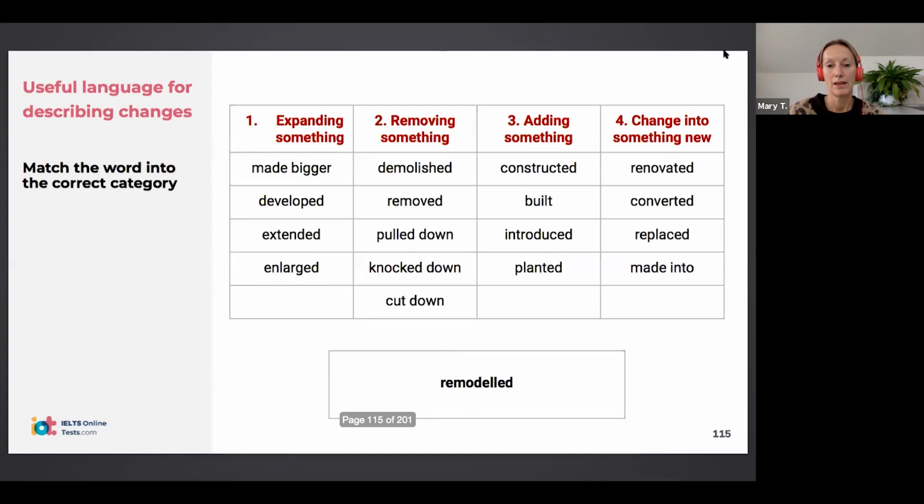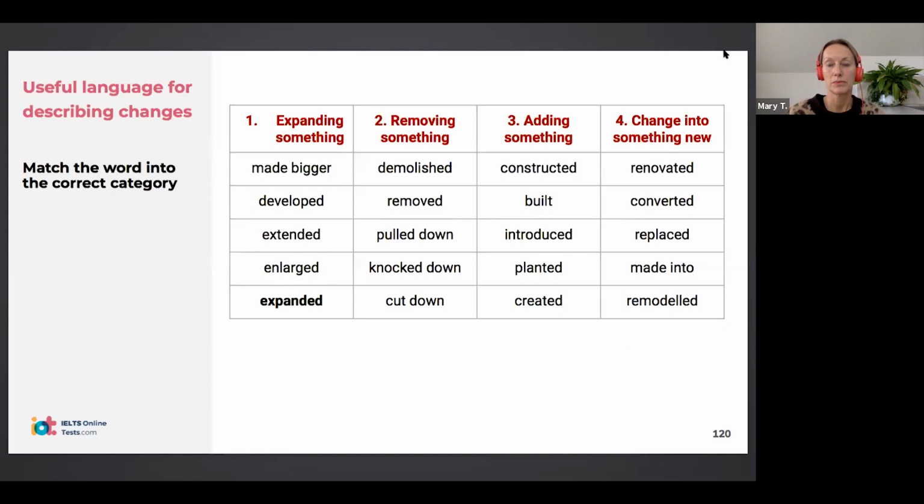Two, yeah. Remodeled. Okay, so most of you got that one. So four, yes. Created. Three, yeah. And last one is obviously one, that's right. Okay, so most of those words I think would be familiar, but just make sure you've got quite a few that you can use so you're not repeating words.